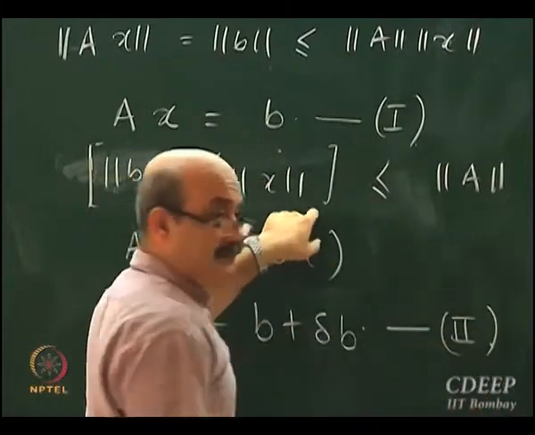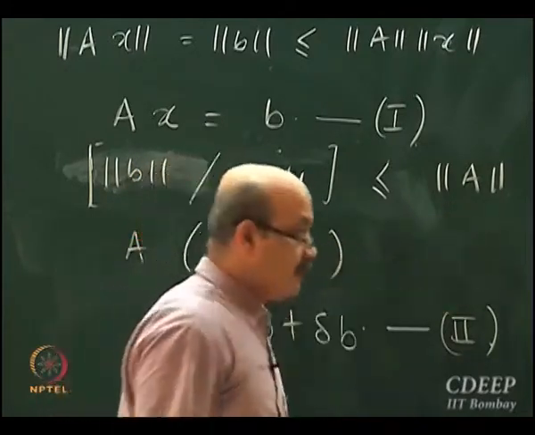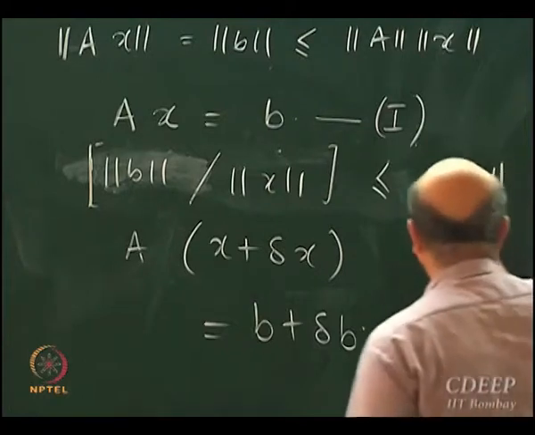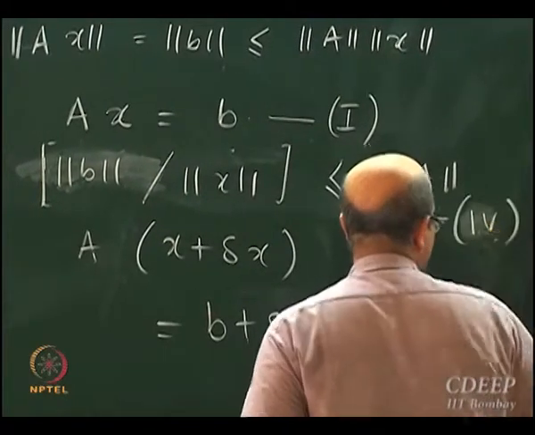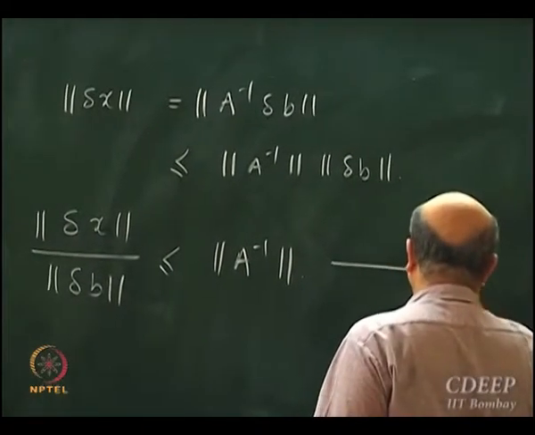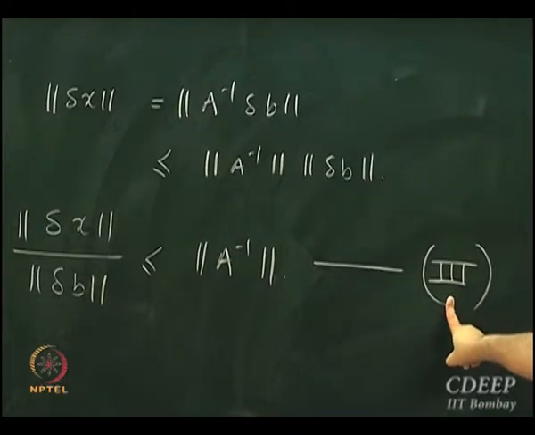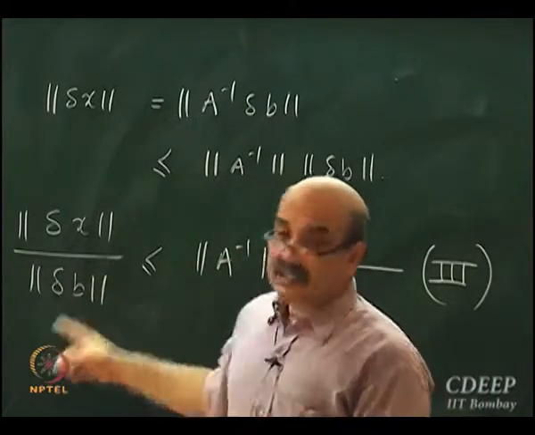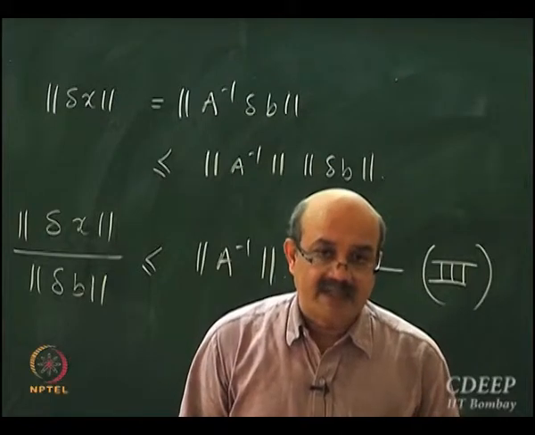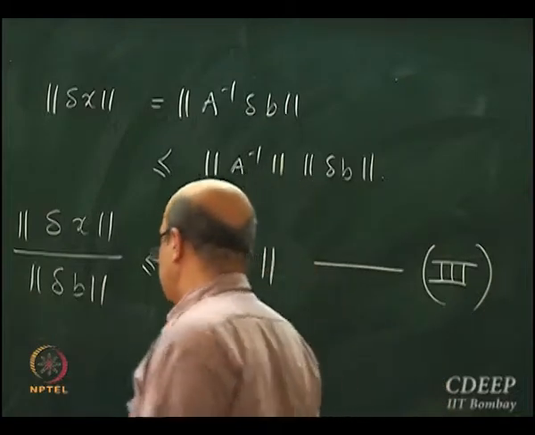Now this inequality I am going to combine with the earlier inequality. See, this is a positive number, a ratio of two norms. The right hand side is also a positive number. So now, let's call this result 4, and let's call the earlier inequality result 3. If I combine 3 and 4, I can just multiply the left hand sides and right hand sides, two positive numbers which are less than two other positive numbers.